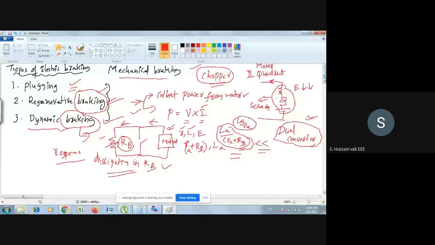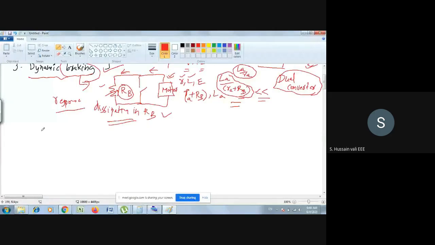What you do in plugging is, assume we take one type of motor, say for example, a separately excited DC motor.